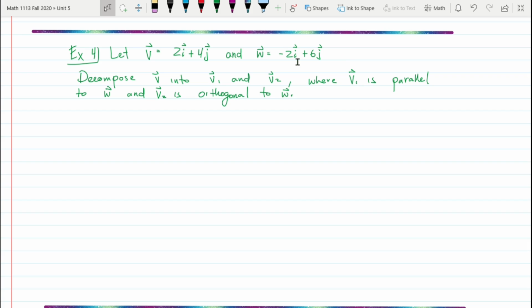And v2 is going to be orthogonal to w, meaning their dot product would equal 0, or the angle between them 90 degrees, right? So let's go ahead and do that. And the way we do that is going to be by doing a projection.